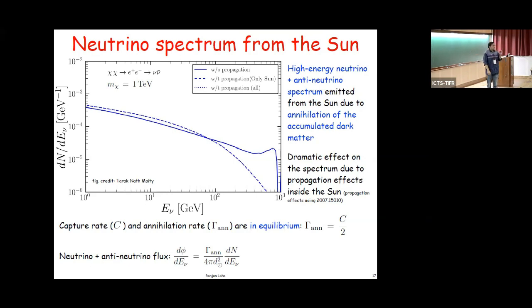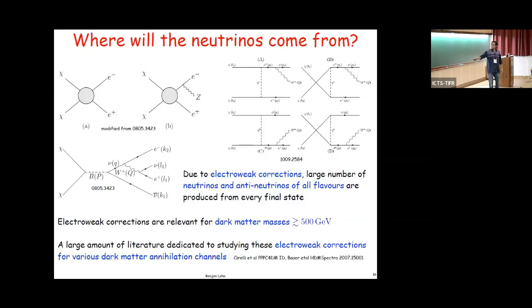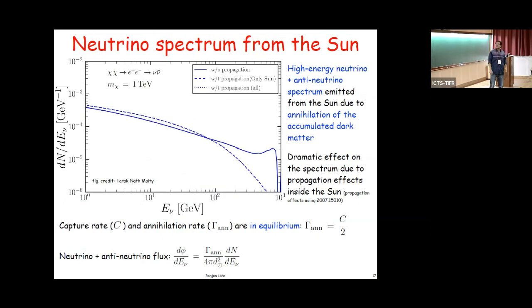This is actually not exactly correct because remember that both PPPC and HDM spectra do this electroweak bremsstrahlung in vacuum. The Sun, as I have convinced you, hopefully, is not a vacuum, right? So one has to actually see, suppose you produce a particle, whether it gets absorbed or does it emit W, Z or whatever like that, right? This is done in some work by Arguelles et al.